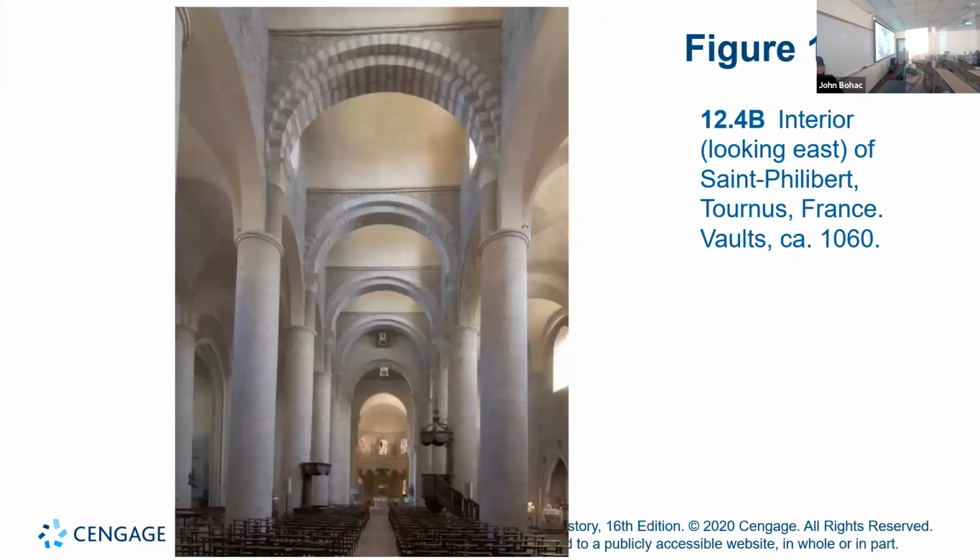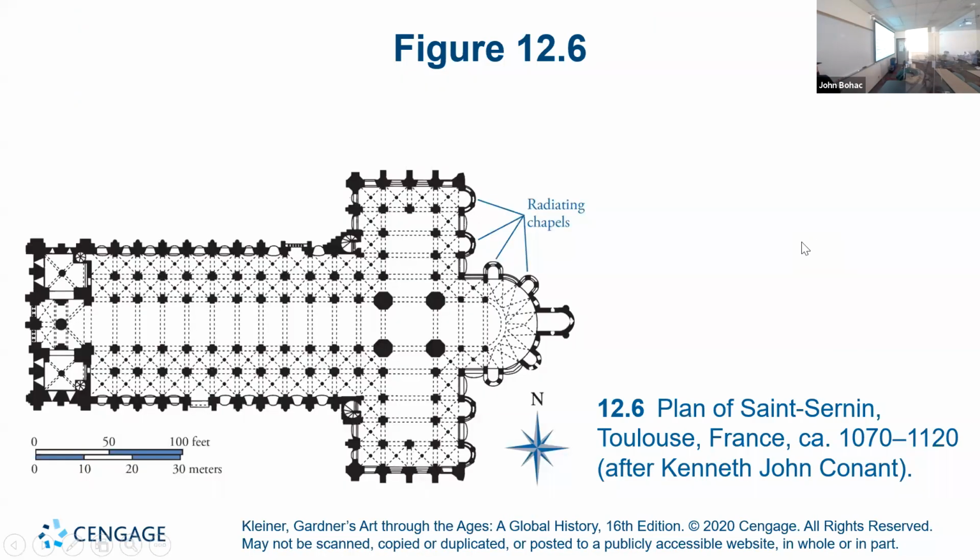And so where we left off was right here. We were talking about how these cathedrals in Northern Europe started to take on a floor plan that would resemble a cross.